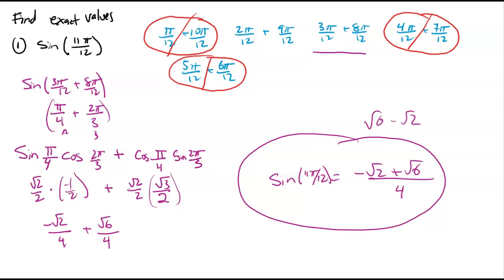All right, what happens if the problem looks something like this? Sine of 100 degrees, cosine of 10, minus cosine of 100 degrees, sine of 10. So what do we notice about this problem?